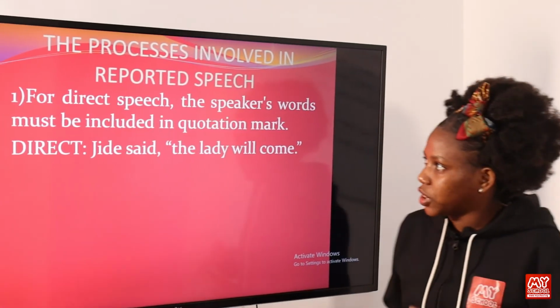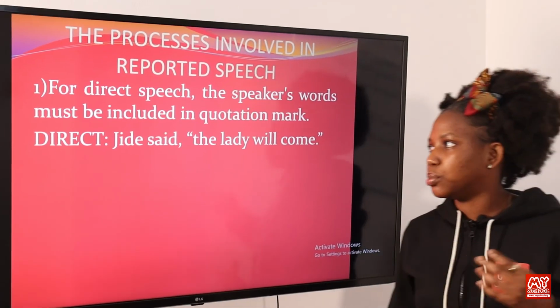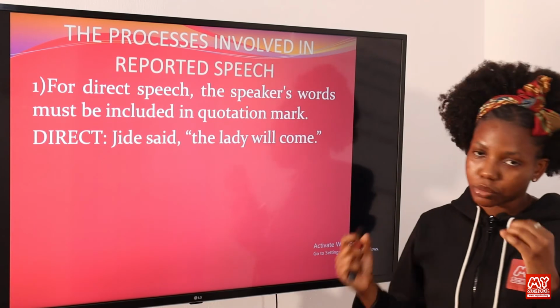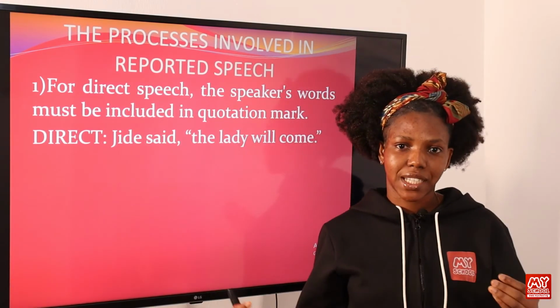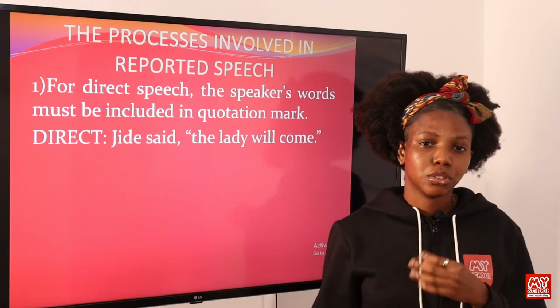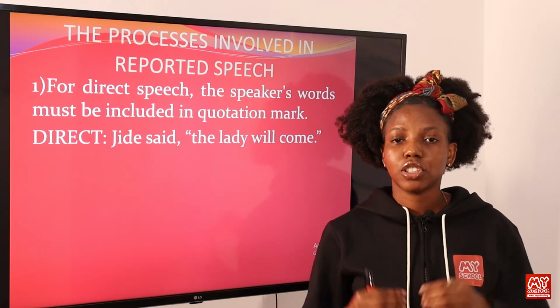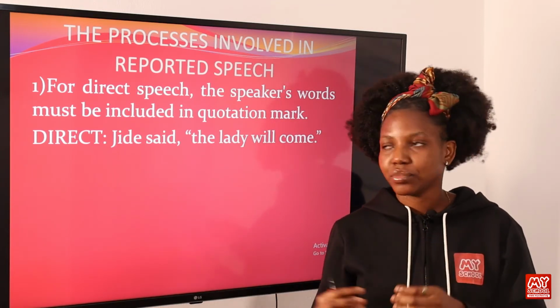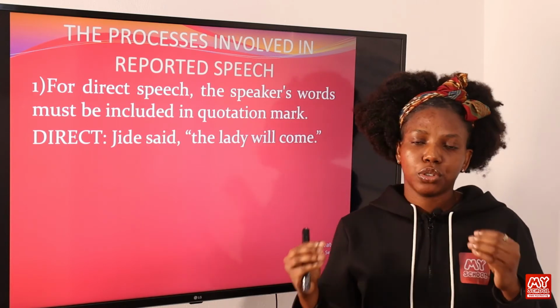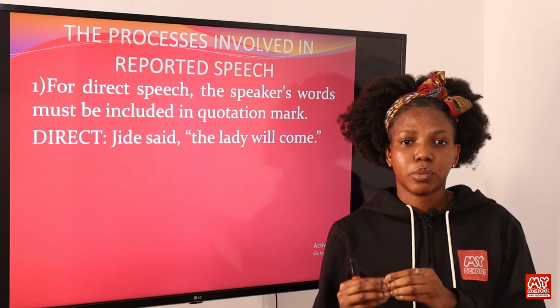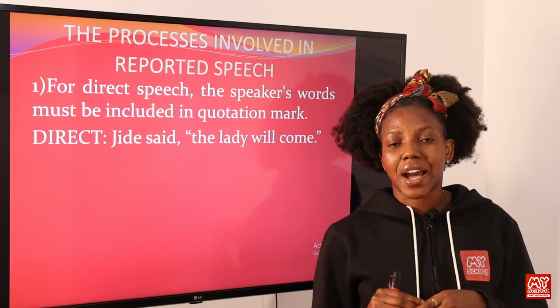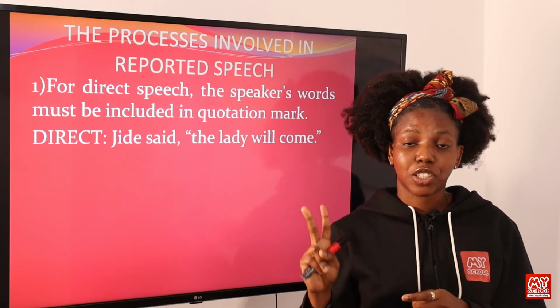So the first process for direct speech, the speaker's word must be included in quotation mark. Now quotation mark is used to quote what someone else has said. It could be a book title, it could be a scholar, just to quote what someone else has said. Now the quotation mark is also used in the direct speech, and the quotation mark is visible by the presence of paired commas.